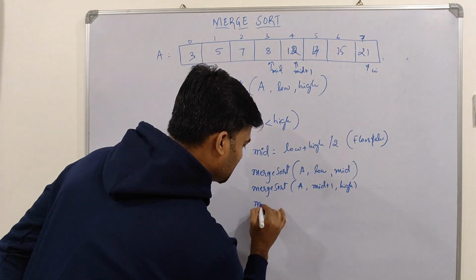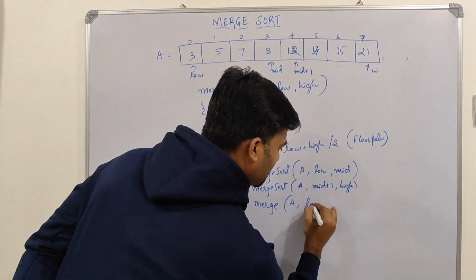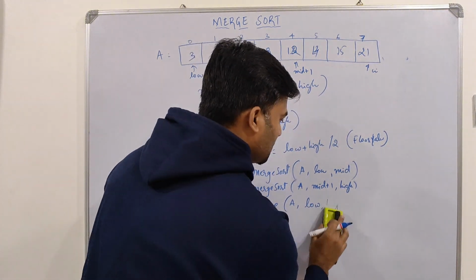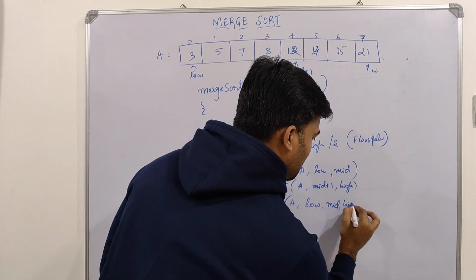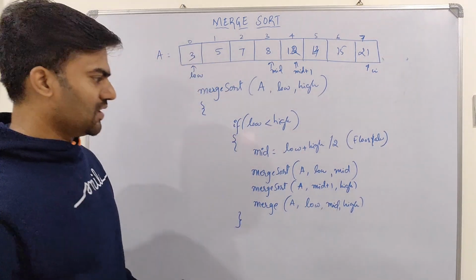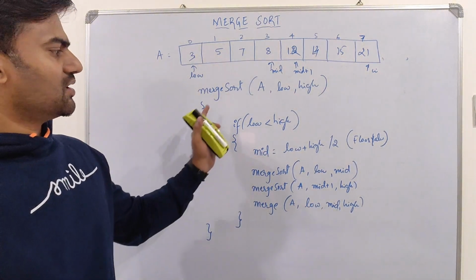Now after this I will do merge. I will pass A, I will pass low, my mid here, then I will pass my high. Okay, so this is basically our merge sort.